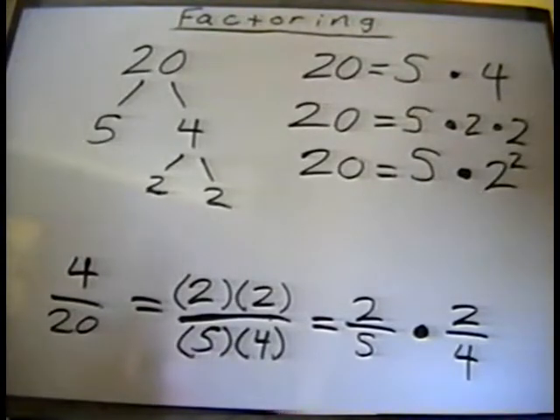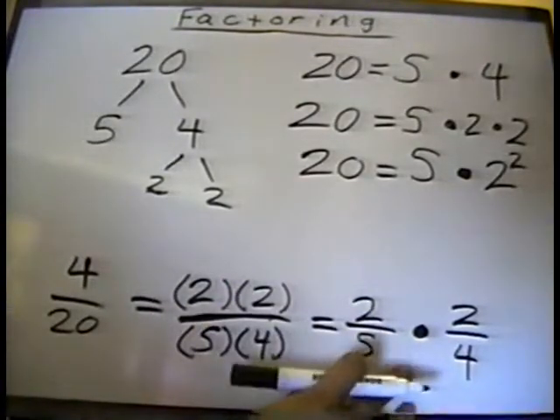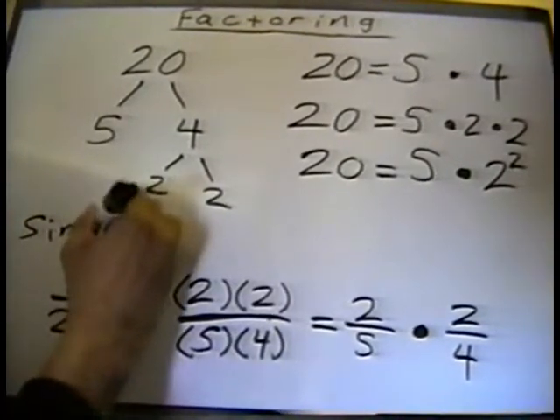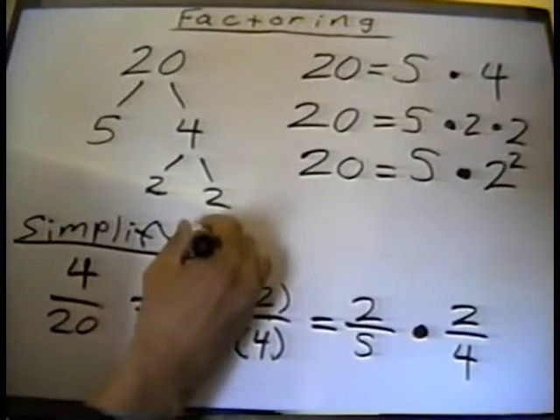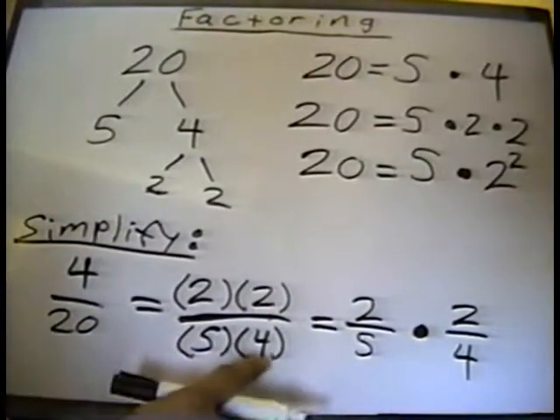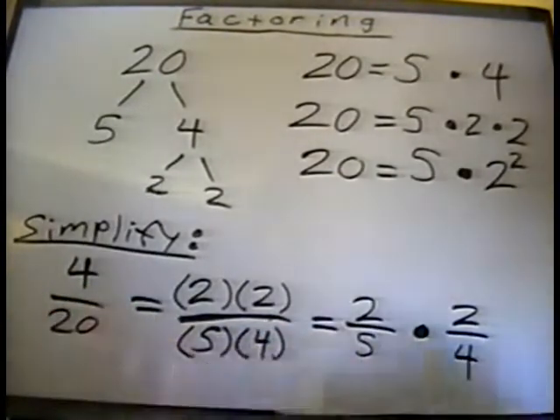Okay, but for simplifying, that would not be the correct course of action. This is correct. This is all true. But for the purposes of simplifying, because you're asked to simplify, you want to break everything down.